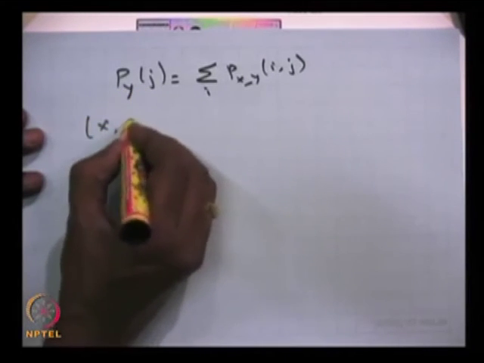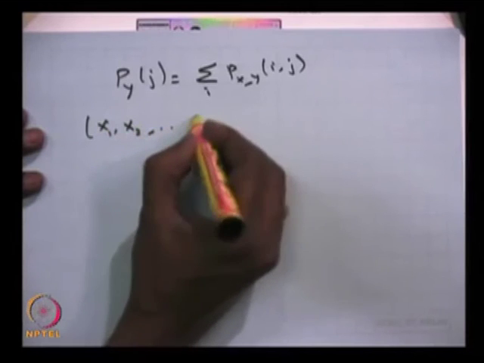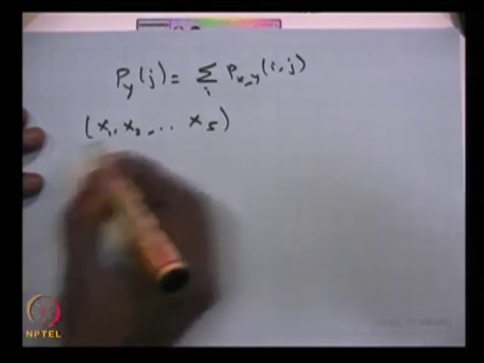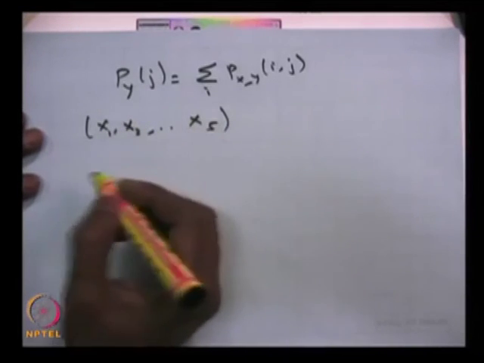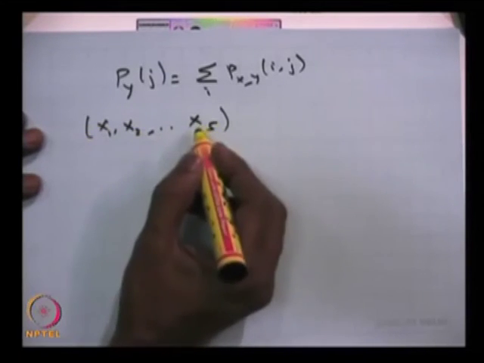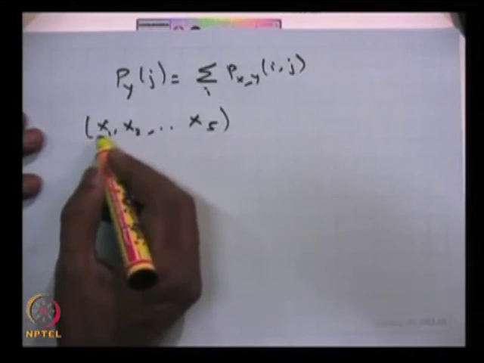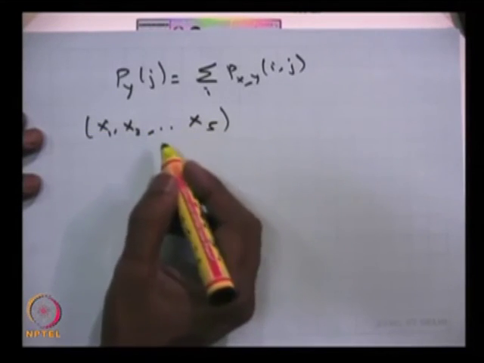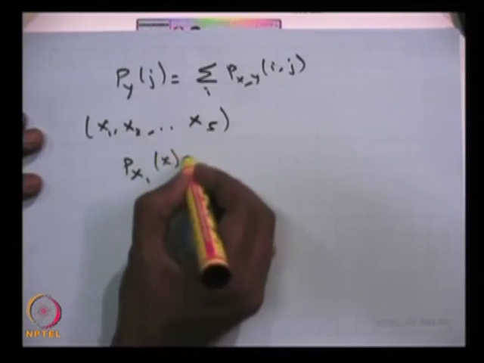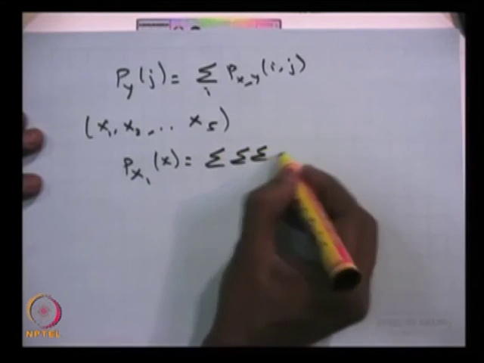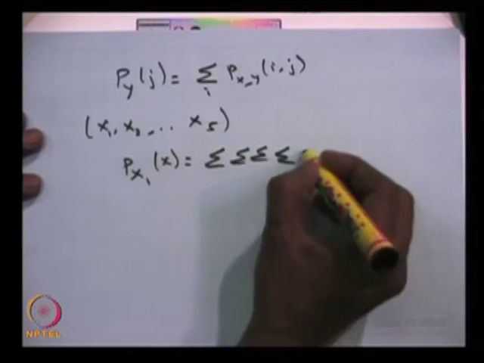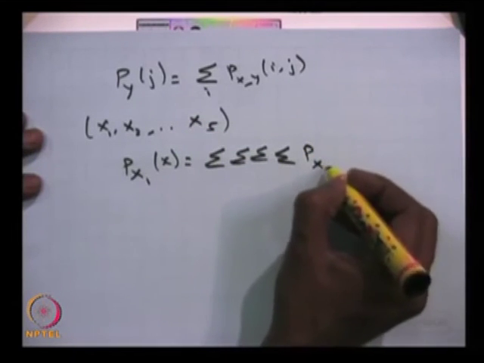Suppose you have an n-dimensional random variable, say for n equal to 5, you have a 5-dimensional random variable. Suppose all the random variables are of the discrete type, then you may have the joint probability mass function of this 5-dimensional discrete random variable, and if you want to find the probability mass function for one random variable, you can always make the summation over the other random variables.